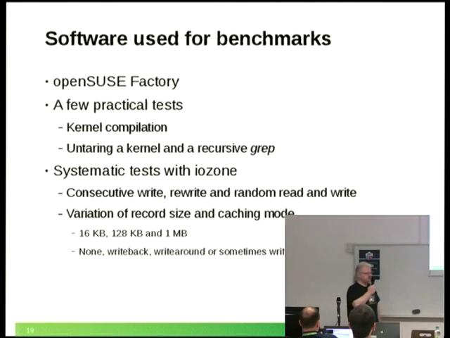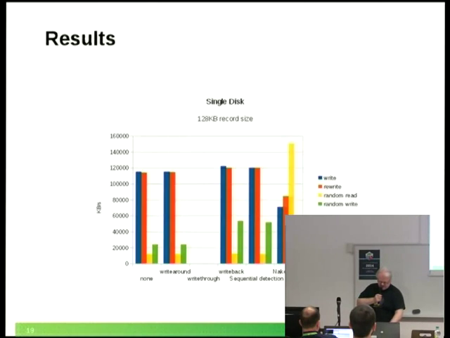I varied the record size used and the caching mode to see the influence of that, to get some significant data. Okay, now to a few selected results, those that are most significant. The other results I left out are somewhere in the middle and not really interesting between the extreme cases I'm going to present here. Okay, this was the most basic case, the single disk with 128K record size.